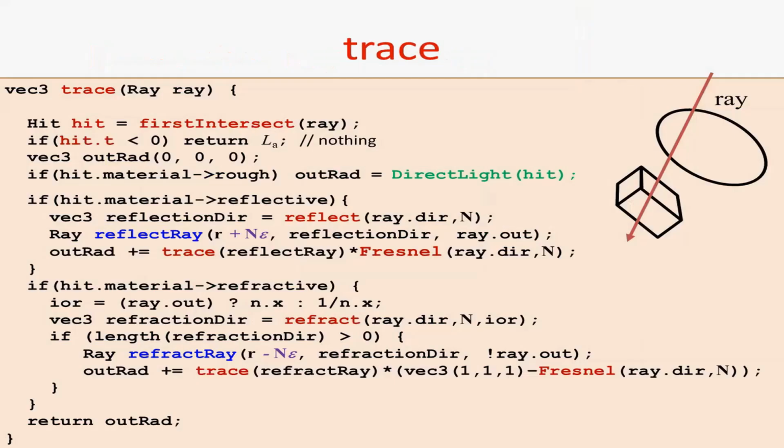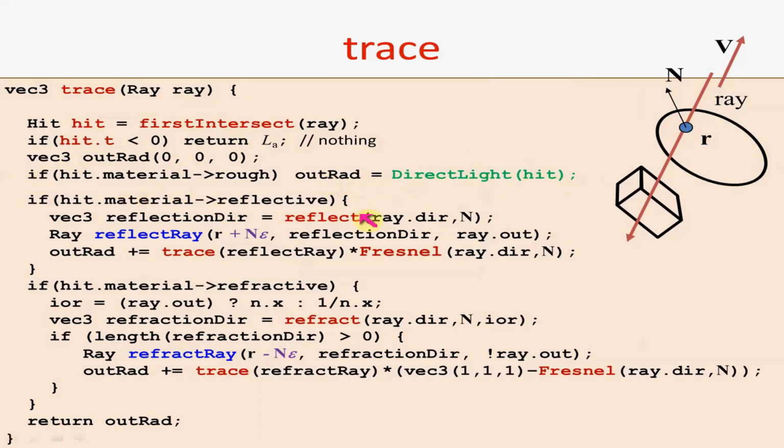So in this generalized trace function, the trace gets the ray as before. First we calculate the first intersection if it exists. If it doesn't exist, then the function returns with the ambient light. If this surface is a rough surface, the previously implemented direct light function is used to compute the output radiance.